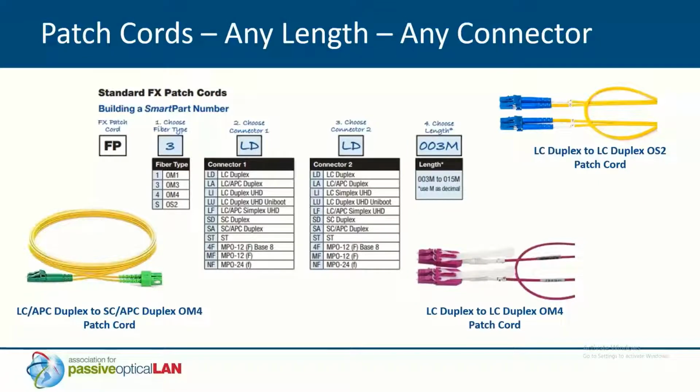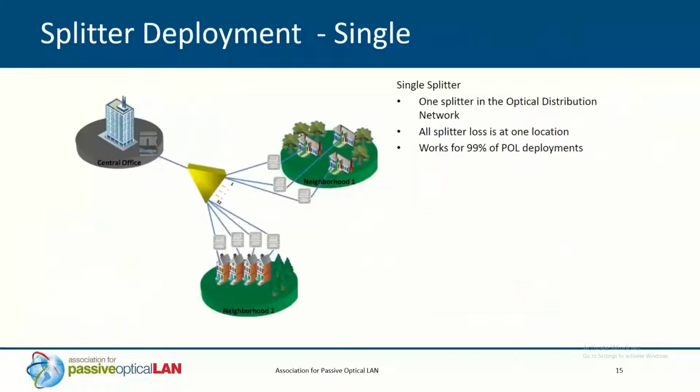There are all these different variables out there, and there are also different fiber types, OM4 and OS2 being the most popular, and then obviously the link length. So it becomes important to have the versatility to select what's needed so that your cassettes, cables, connectors, and splitters can all be connected properly, and also allow for moves, adds, and changes in the future.